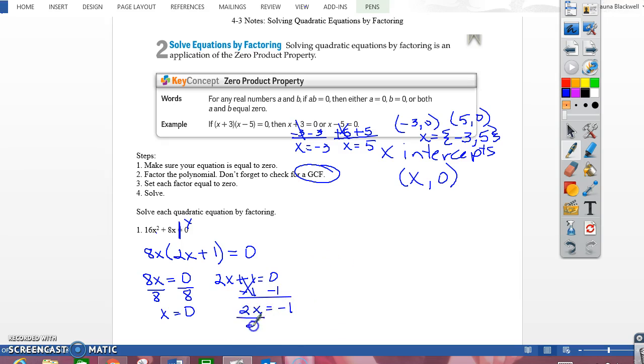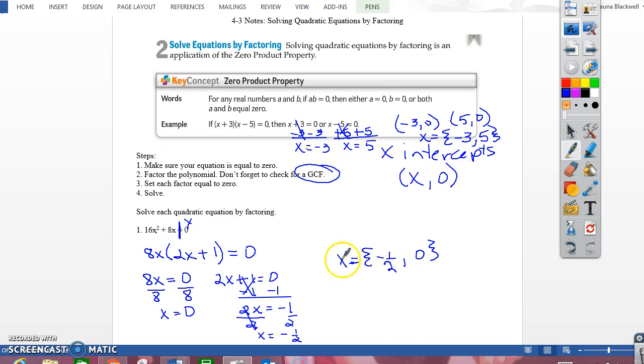And then we divide by 2, and x equals negative 1/2. So my solutions, again, can be written as coordinate pairs as x-intercepts, or they can be written as a solution set, negative 1/2, 0.